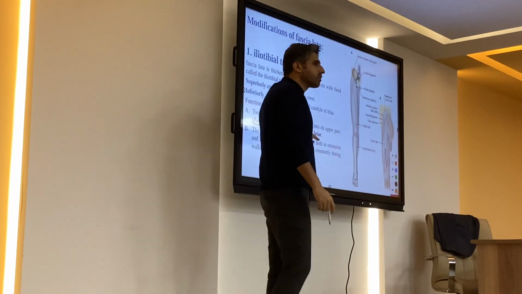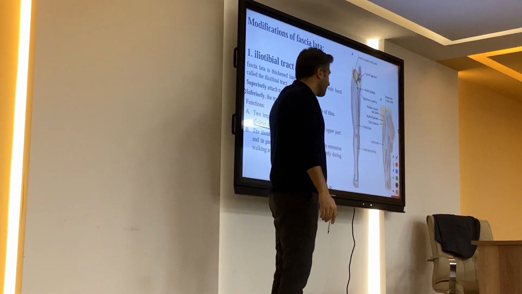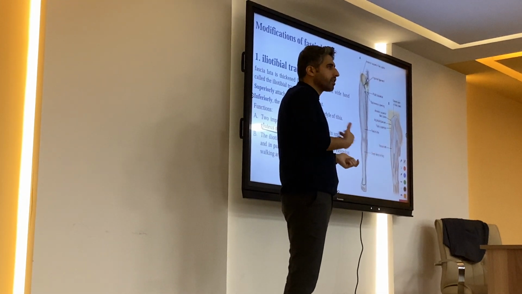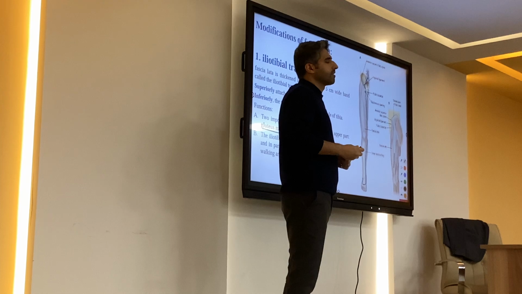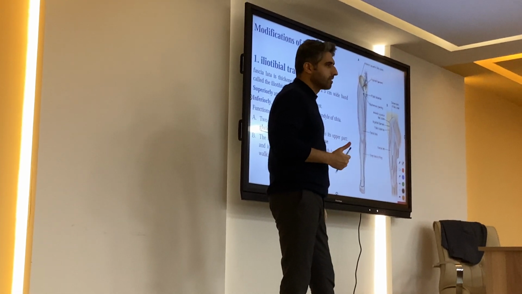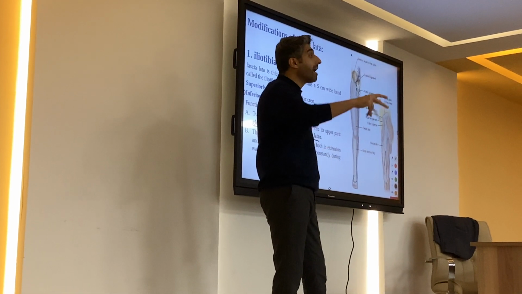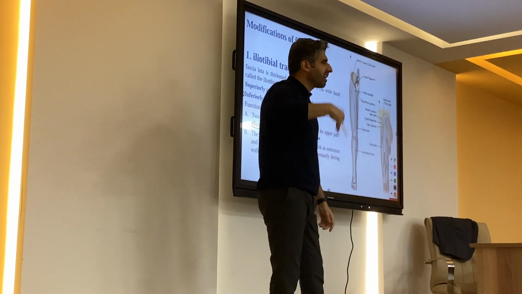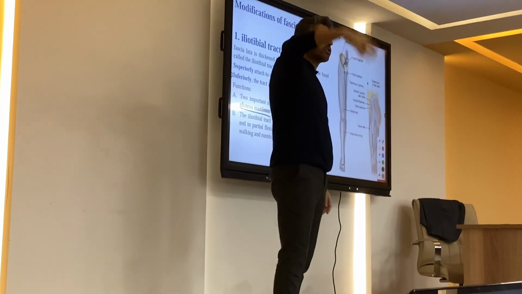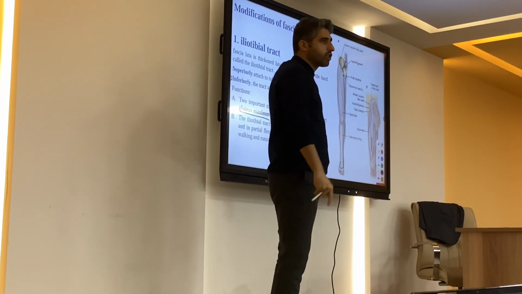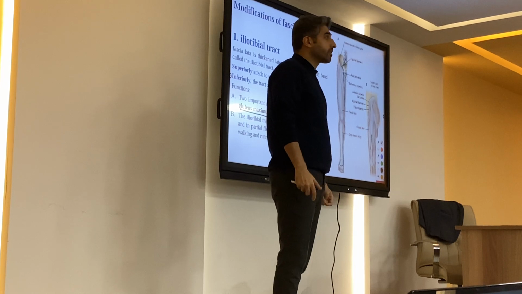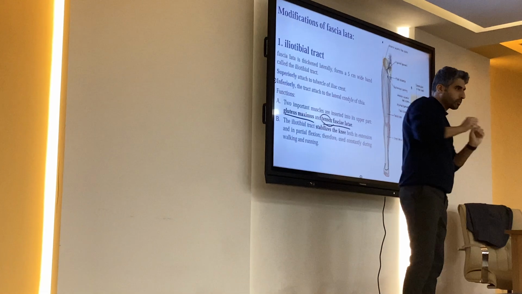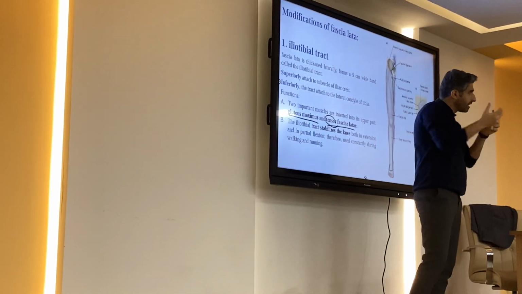What is the meaning of tensor? Tensor fasciae latae. Not sensor. We have this term in different muscles: tensor veli palatini, tensor tympani, tensor fasciae latae. Tensor means pulling, it pulls, not pushes.